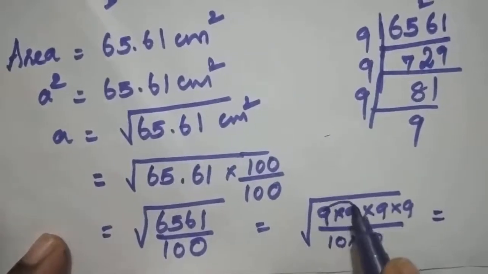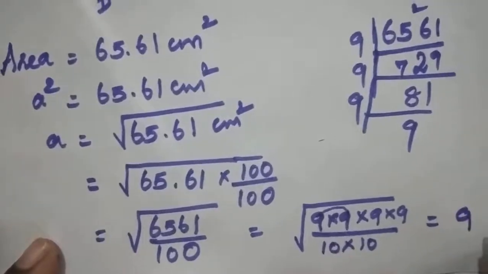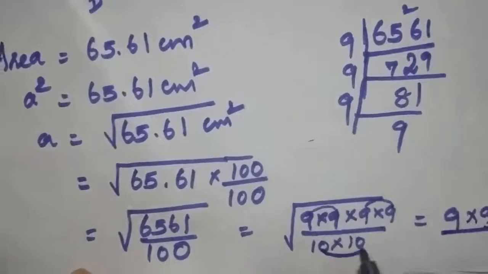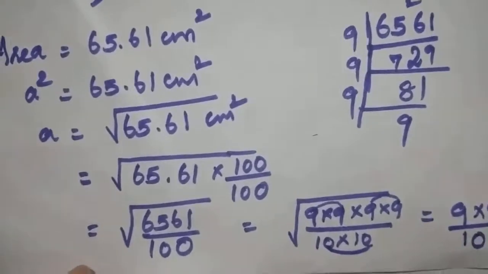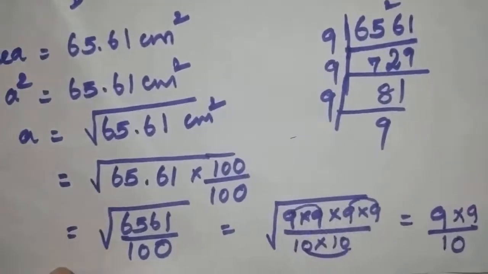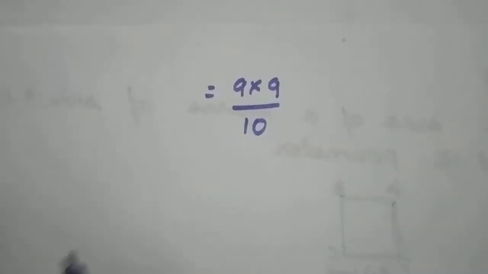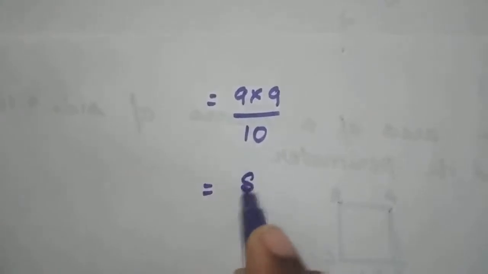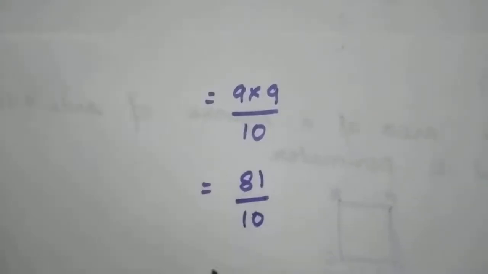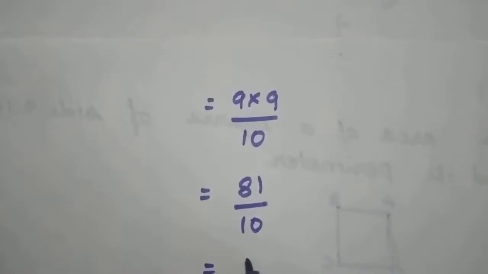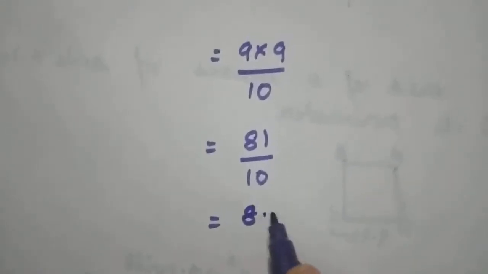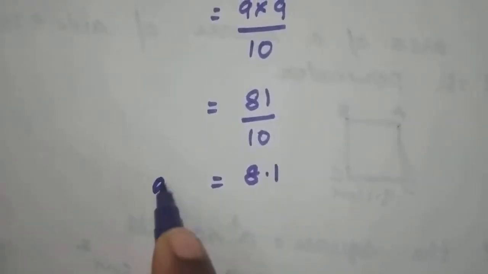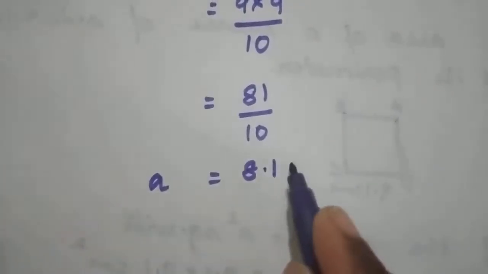So for these two 9s, we have to take one 9 outside, and again for these two 10s, we have to take one 10 outside. So what's the value of 9 into 9? Yes, 9 nines are 81, divided by 10. 81 divided by 10 is 8.1. So we have found the side as 8.1 centimeter.